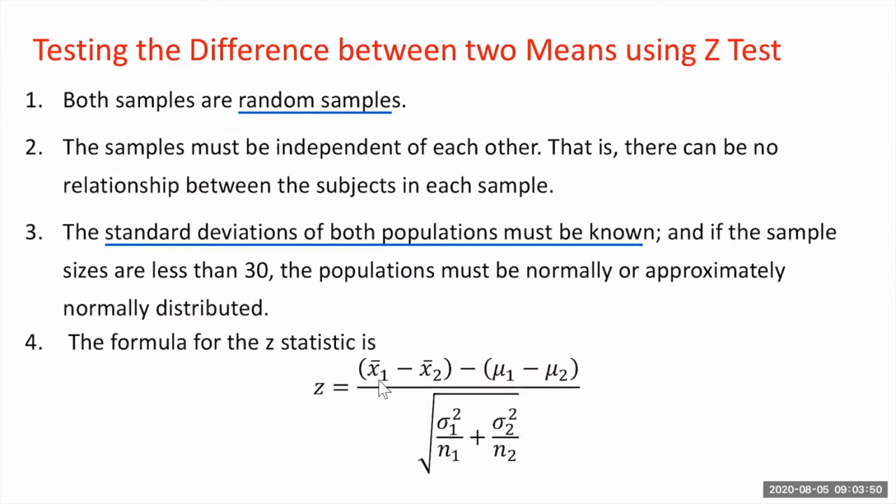Z equals the mean of the first sample minus the mean of the second sample, then minus the population mean for the first population and population mean for the second population, all divided by the square root of the standard deviation of the first population squared divided by the first sample size plus the standard deviation of the second population squared divided by the second sample size. So make sure you highlight that in your note catcher because we'll be using that in the example.